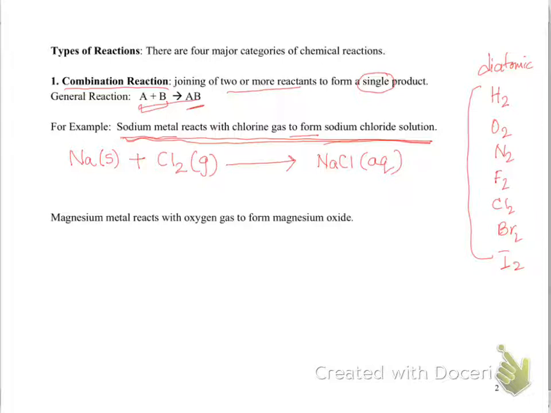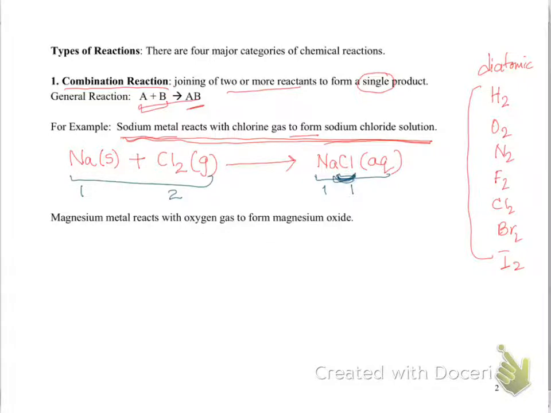So for balancing, let's look at how many sodium do you see on the left side? 1. How many do you see on the right side? 1. How many chlorine are on the left side? 2. How many on the right side? 1. So that means I have to convert this chlorine into 2.